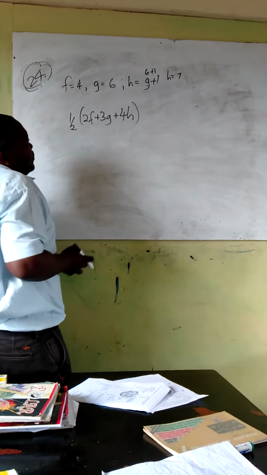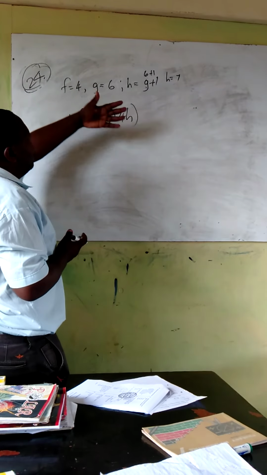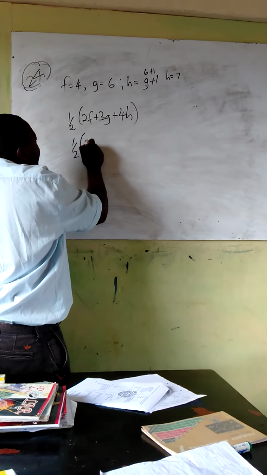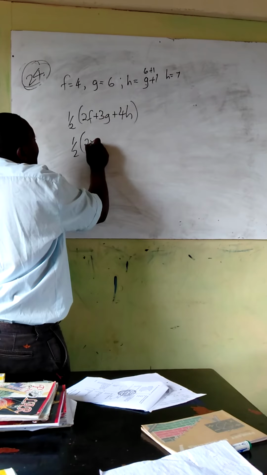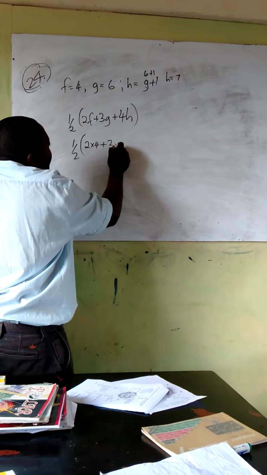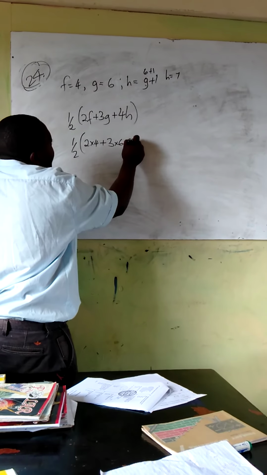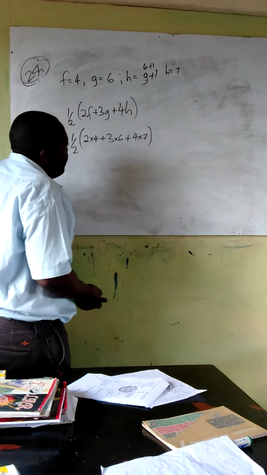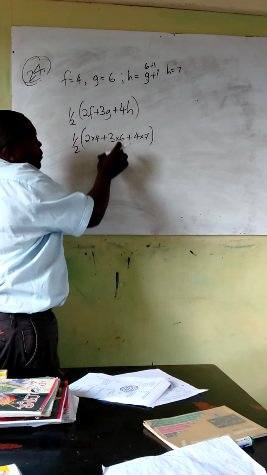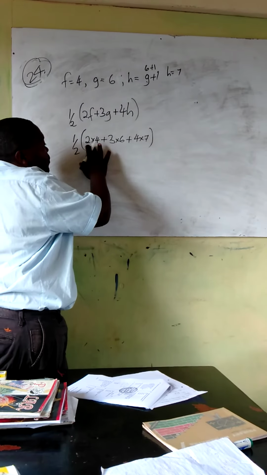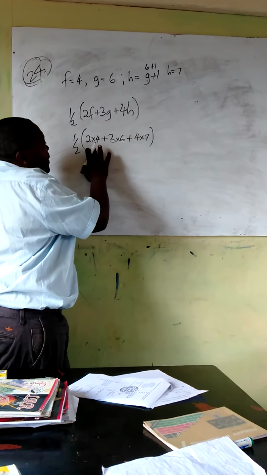Then we just substitute our values from what is given. We rewrite by inserting the values: 2 times 4 plus 3 times 6 plus 4 times 7. Now remember, multiplication comes before addition, so we multiply first and then add.